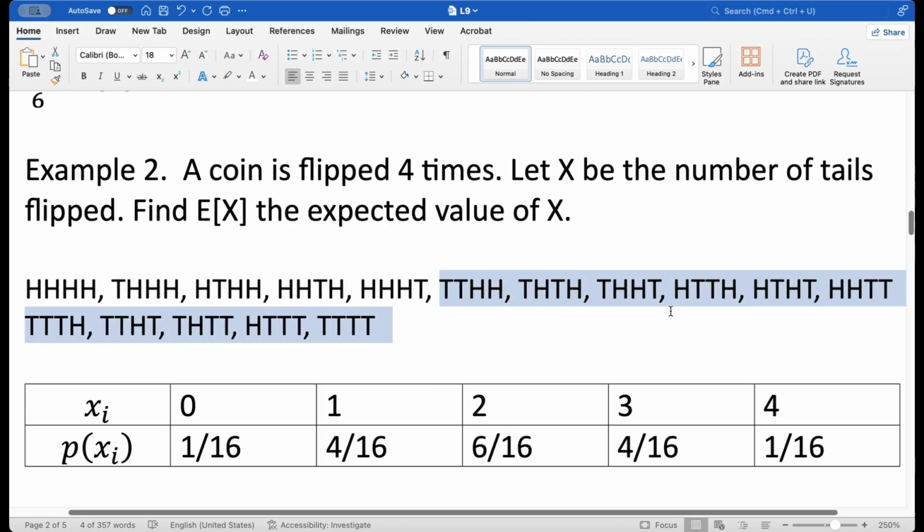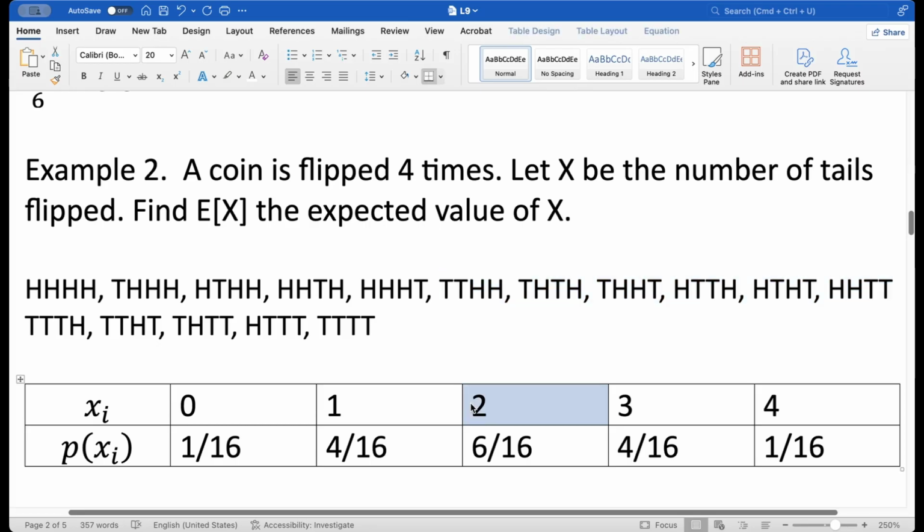For exactly 2 tails, it's 6. That's 4C2. We'll see this in a little bit more detail in an upcoming lesson. There are 6 ways to get exactly 2 tails. I suppose you could count this also with the permutation with duplicates as well. It would be 4 factorial divided by 2 factorial times 2 factorial, which is 24 over 4, which is 6.